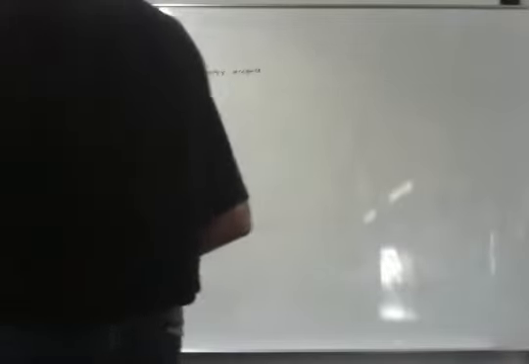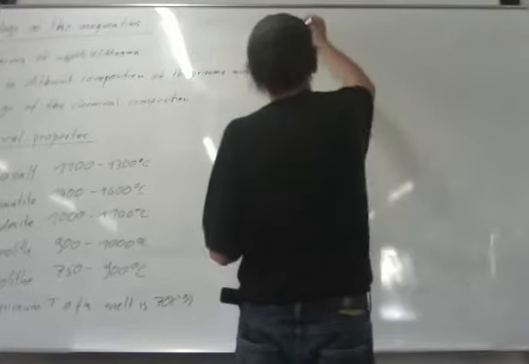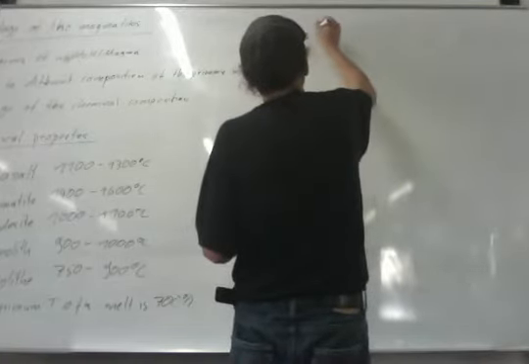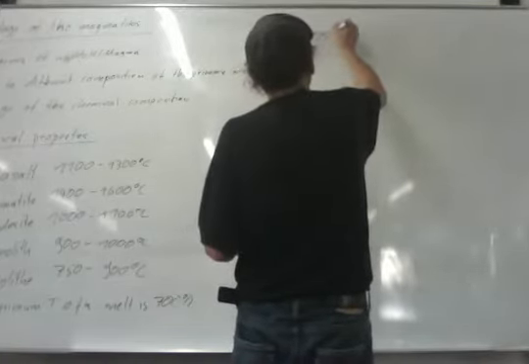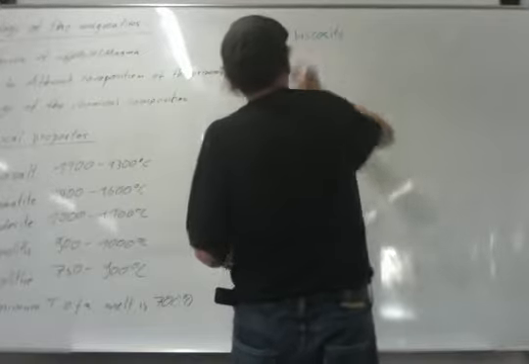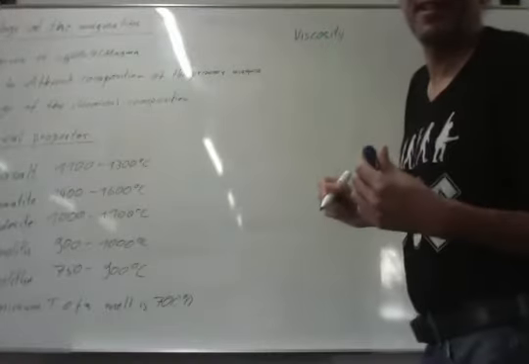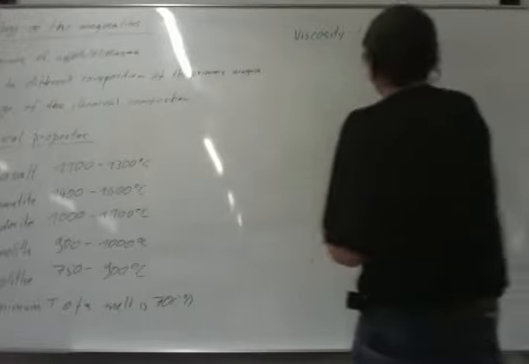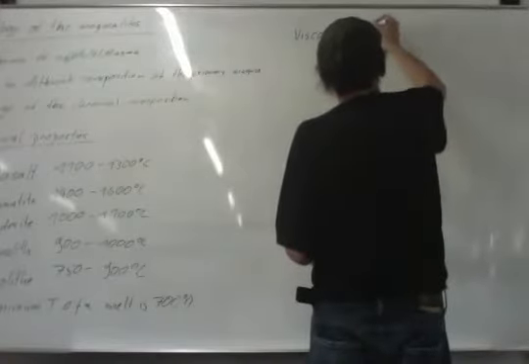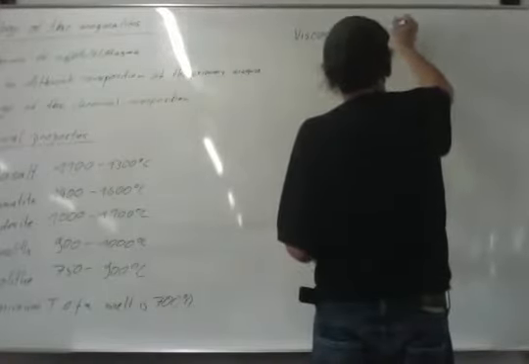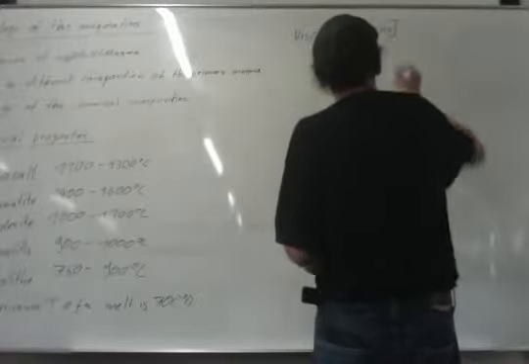Then another parameter of a melt is the viscosity. We are measuring the viscosity in poise. That is just a physical unit.